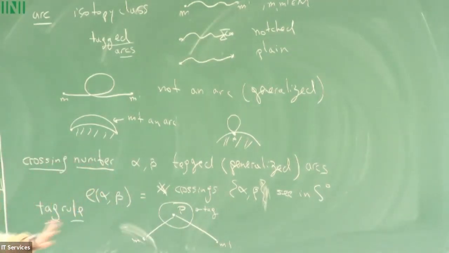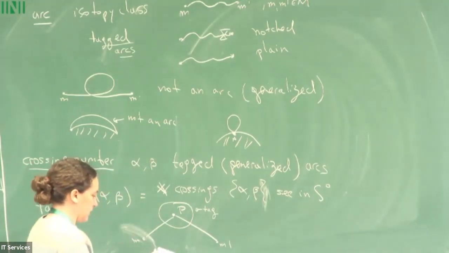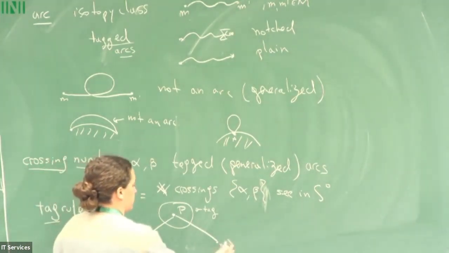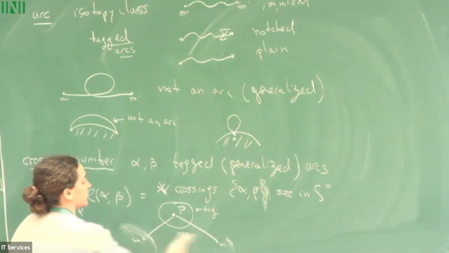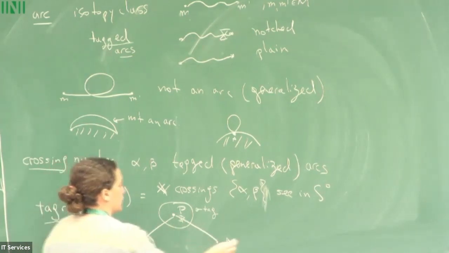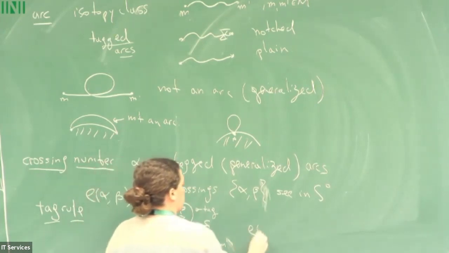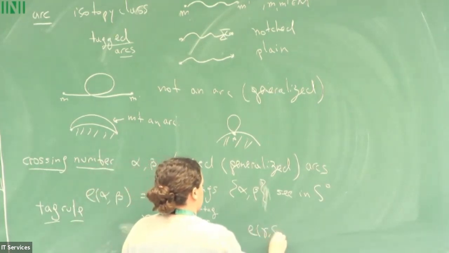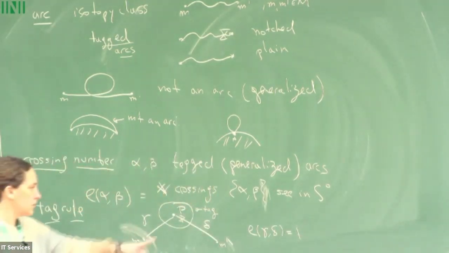Since we're going to stay planar, think that if they come from different points and they have different tags, they have a crossing at the puncture.